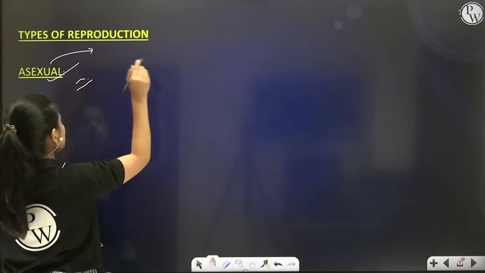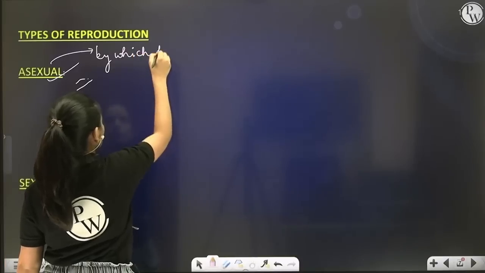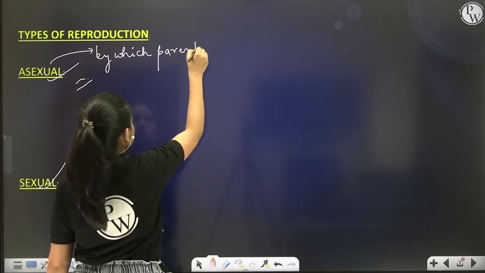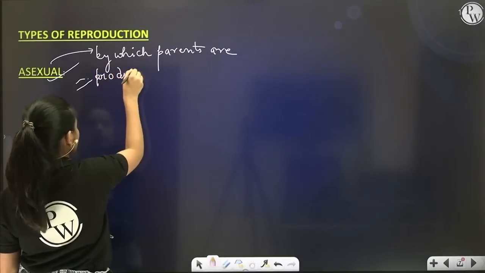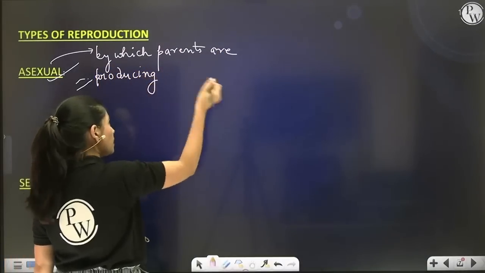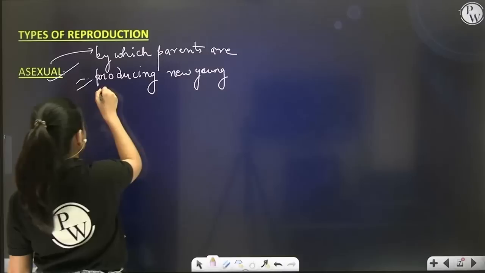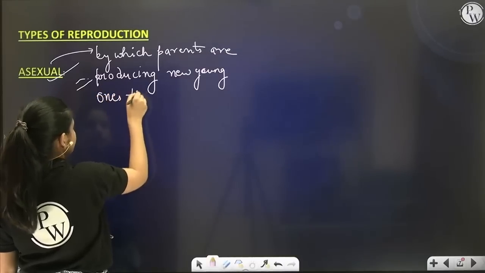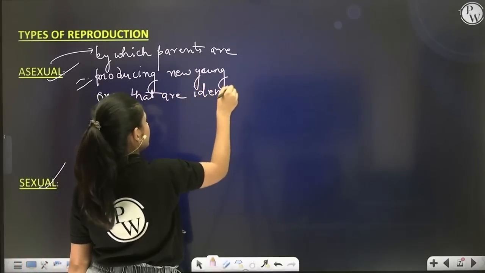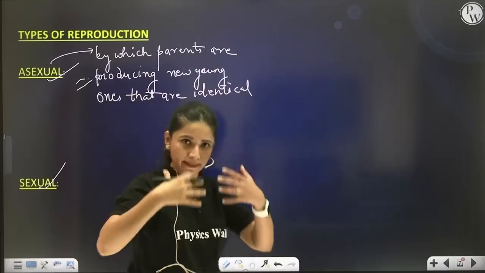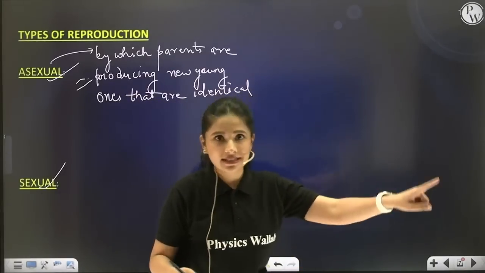It is the phenomenon by which parents are producing new young ones that are identical, both in appearance, morphologically, as well as genetically, in terms of genes as well.